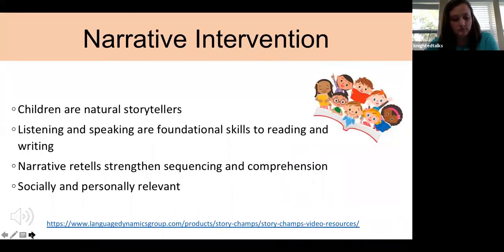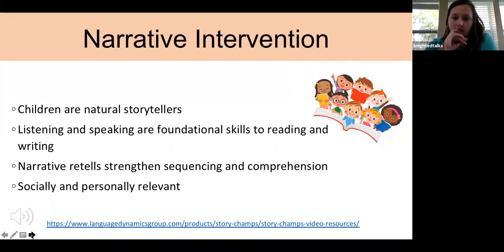If your students are having trouble with reading or writing, I have a fun tool for you and something that you may not have known before. Children are awesome at telling stories. All right, you may have known that part, but maybe you didn't realize that when students tell stories and retell stories, maybe ones that you've told them, they're actually learning sequencing, story grammar.